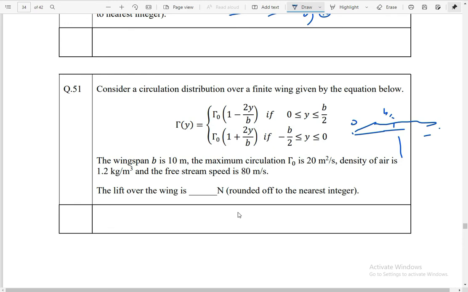We can just consider 0 to b. So it means here 0 to b by 2 and minus b by 2 to 0, half of the span. Span b is 10 meter. The maximum circulation is given, density is given, free stream speed is given, and we have to find the lift over the wing.